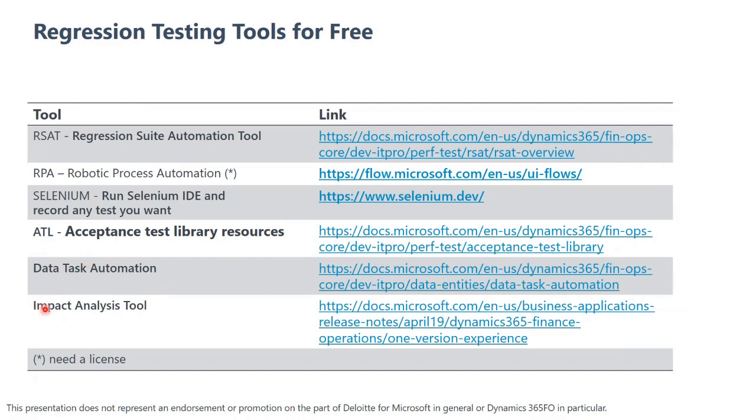And finally, the impact analysis tool, which is again a tool included in the solution in LCS, in order to check, as I mentioned before, the impact of an update on our application.